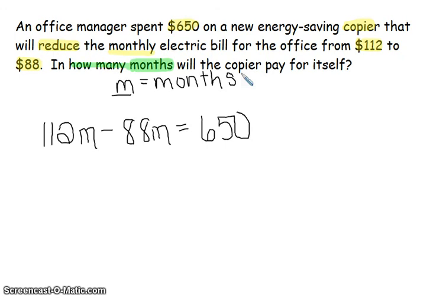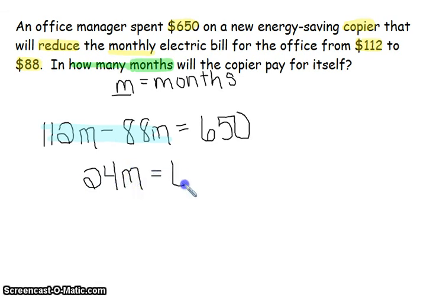So 112 M minus 88 M. These are like terms. They are on the same side, so that's nice. We'll do exactly what it says here. We will subtract those. So 112 minus 88 is 24. Like we just said a while ago, we're saving $24 every month.